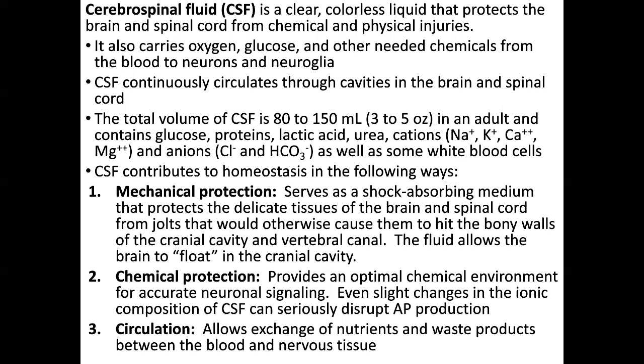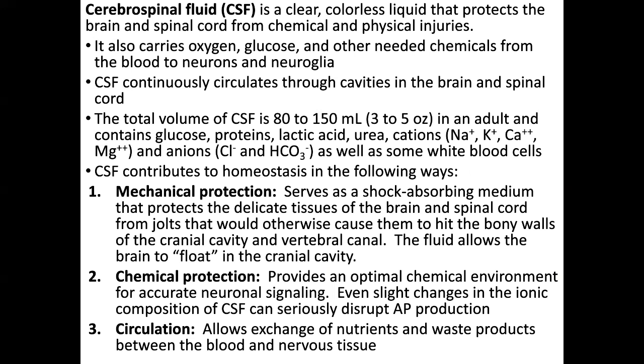Cerebrospinal fluid, abbreviated CSF, can be described as a clear, colorless liquid that protects our brain and spinal cord from chemical and physical injuries. It's predominantly water, but it has a lot of other stuff, and therefore it's going to carry oxygen and glucose as well as other needed chemicals from our blood to neurons and neuroglia. Where we have it is in certain cavities of our brain called ventricles.